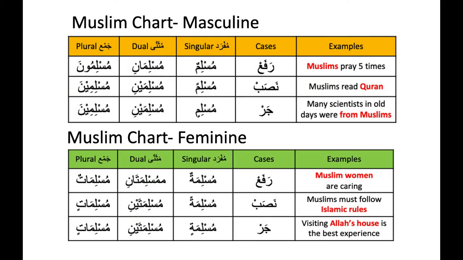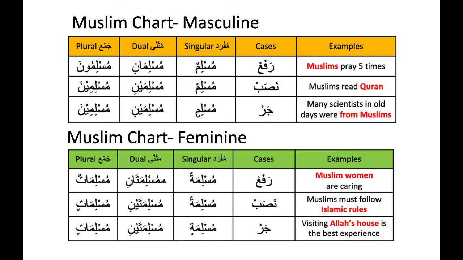Let me explain the Muslim chart a little bit more. As we have mentioned, in case of singular ism, both masculine and feminine, we determine the i'rab of the ism with the haraka of its last letter. In the singular columns, when ism is in rafa, the haraka of its last letter is Dammah.